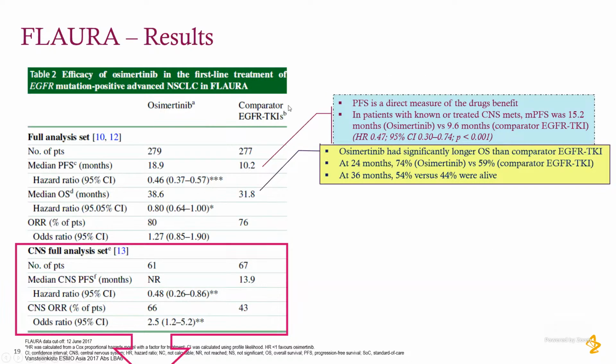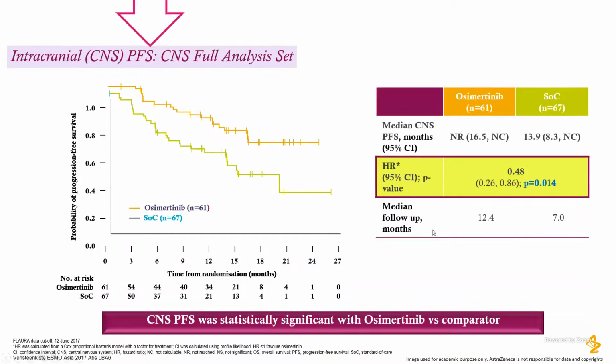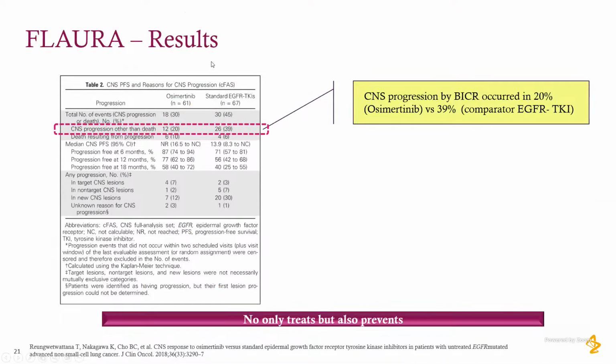In the CNS report we have discussed this, and the CNS pooled analysis report shows a fast, wide separation of the curve and an impressive hazard ratio of 0.48, and PFS is statistically significant with osimertinib versus the first generation TKI.